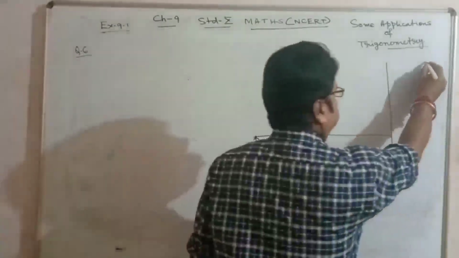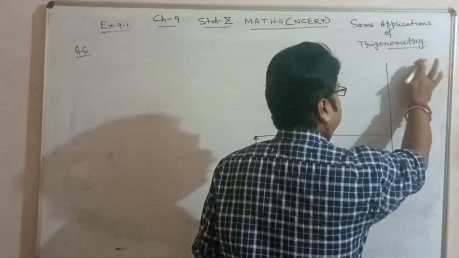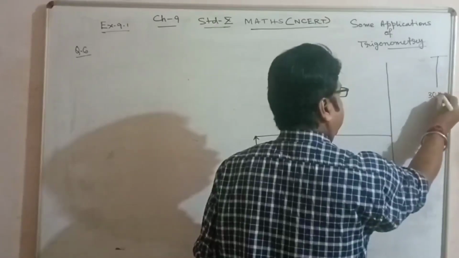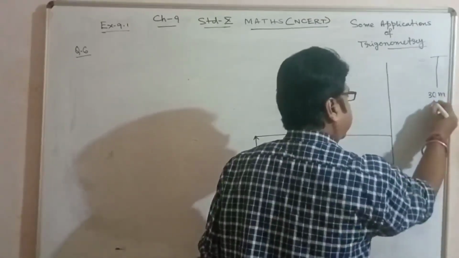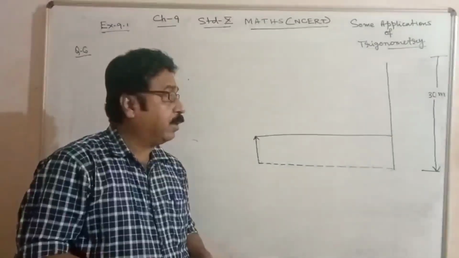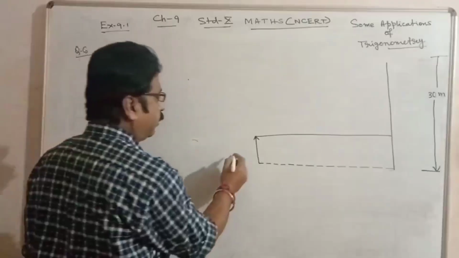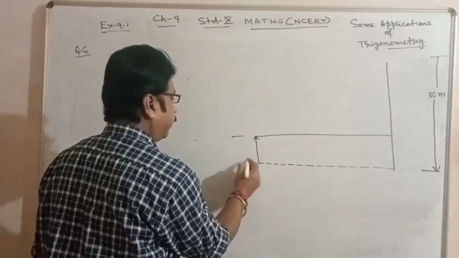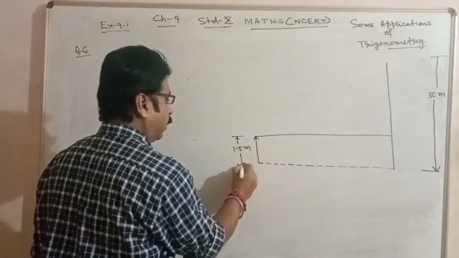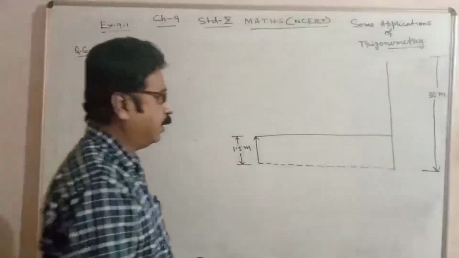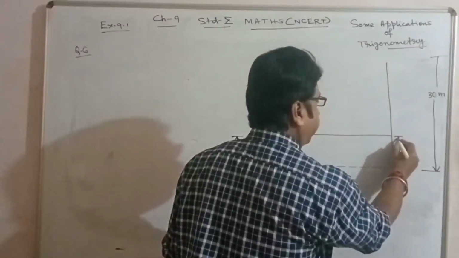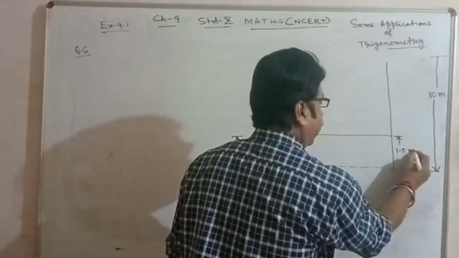Height of the building is given 30 meter. Height of the boy is given, that is 1.5 meter. Obviously, this and this part will be equal, so it is also 1.5 meter.